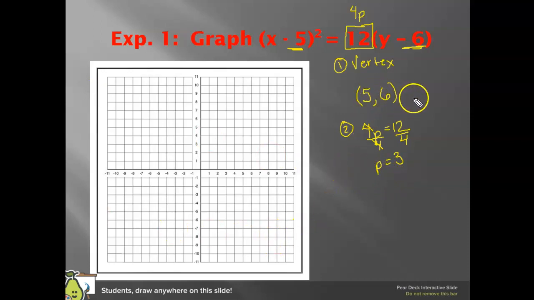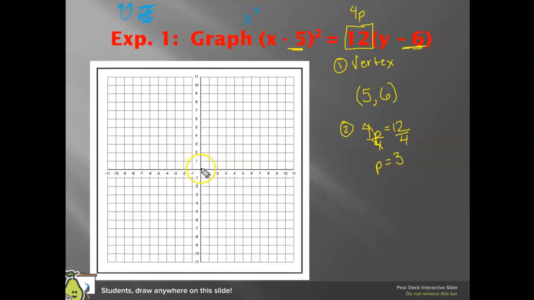Now, before I can go any further, I want to know which direction. I probably should have figured this out first. What direction is my parabola going? I notice that x is squared, so it's either got to be opening up or opening down. And since this 4p, this number right here, is positive, p is a positive number, that means it must be opening up. So this is going to be an up and down parabola.